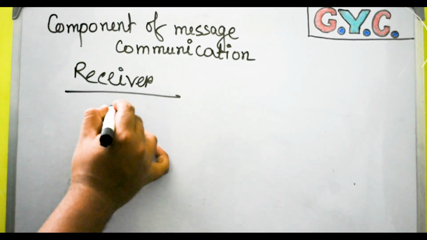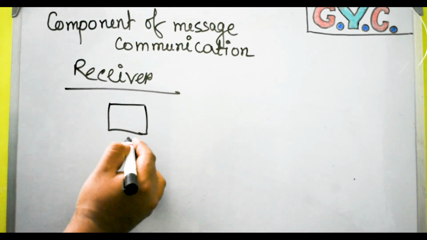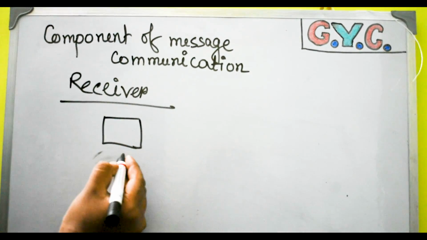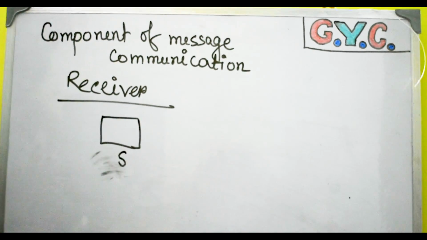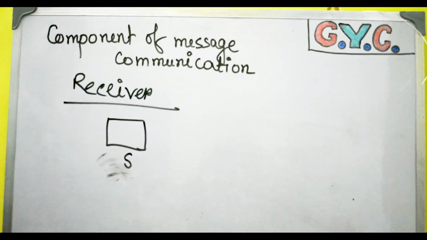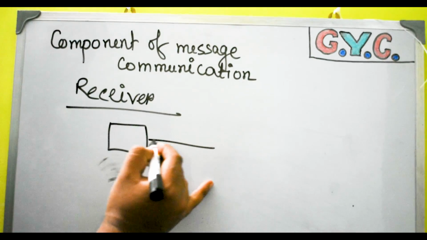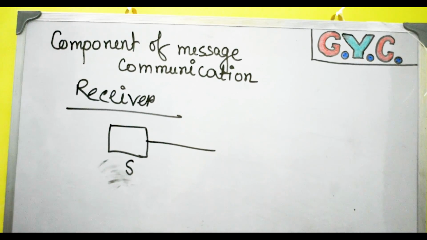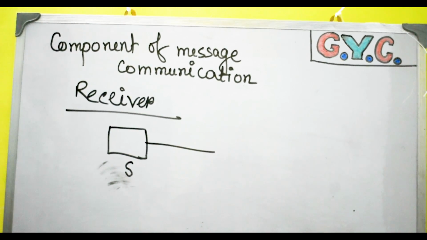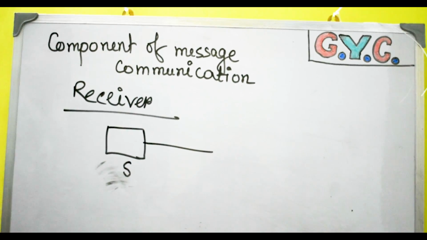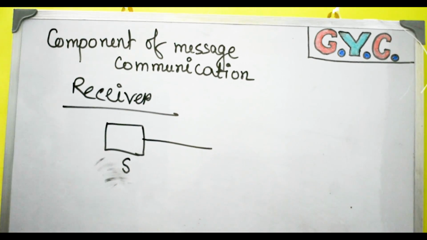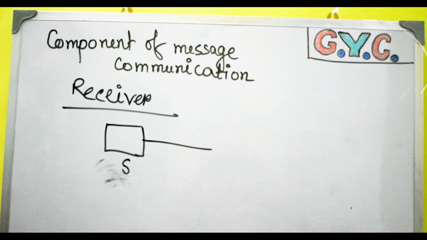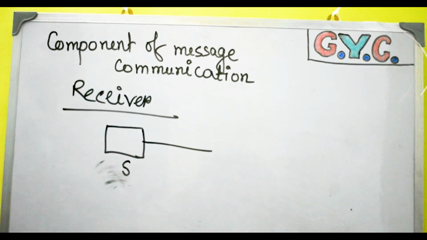This is you, the sender, here denoted as S. Now you want to send some information and there is no receiver. Suppose you are saying something in your subconscious mind and no one is able to hear that. Is there any meaning to that conversation?